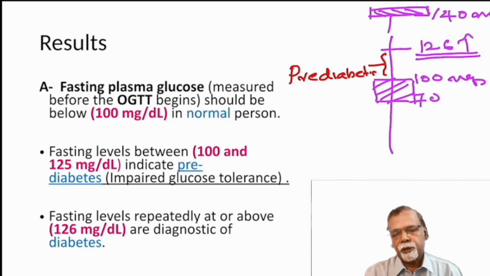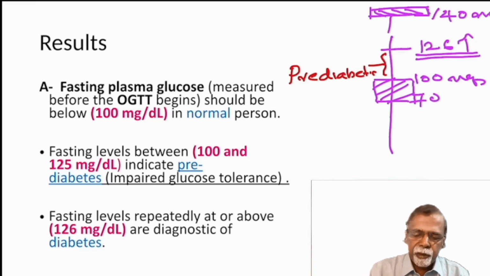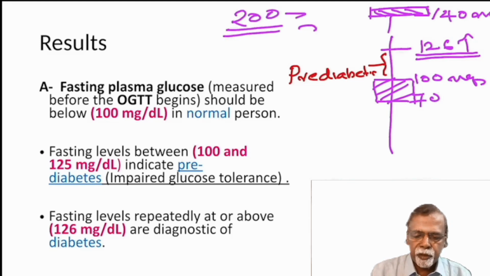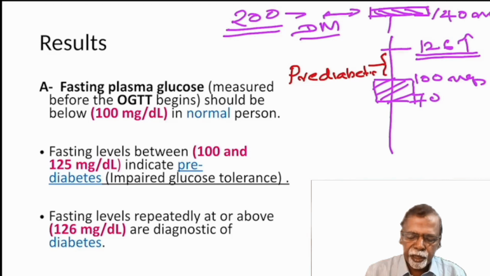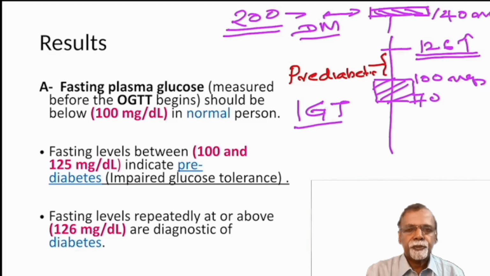That is the normal range. If the sugar is more than 140 but less than 200, with 200 as the cutoff value, between 140 and 200 it is again called pre-diabetes, impaired glucose tolerance. If it is 200 or more, the patient is having diabetes mellitus.